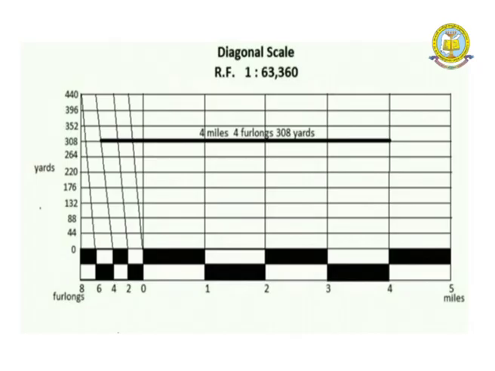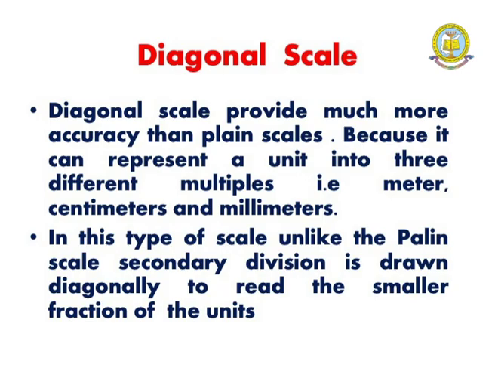Whereas in the case of the simple scale and the comparative scale, you are measuring only 2 units, in this case you are measuring 3 units. The diagonal scale provides much more accuracy than the plane scale, because it can represent 3 multiple units, that is meters, centimeters, and so on. This is about the diagonal scale.